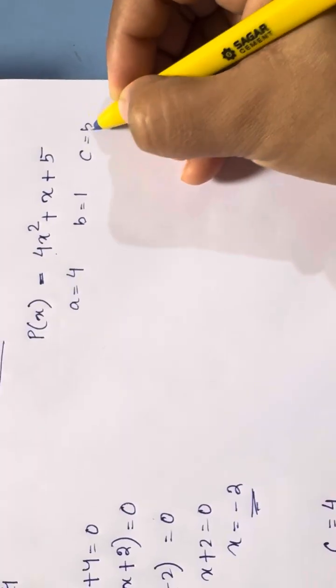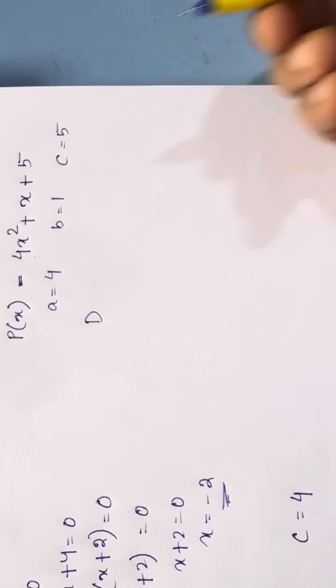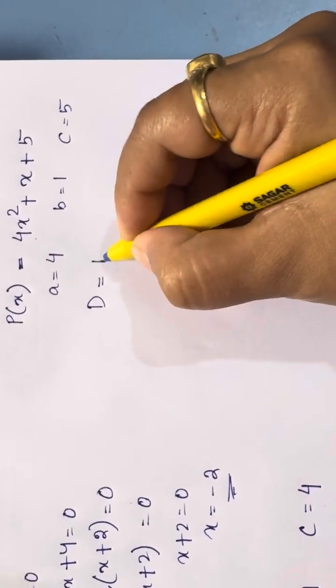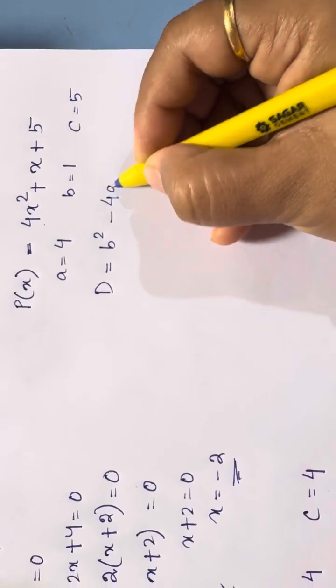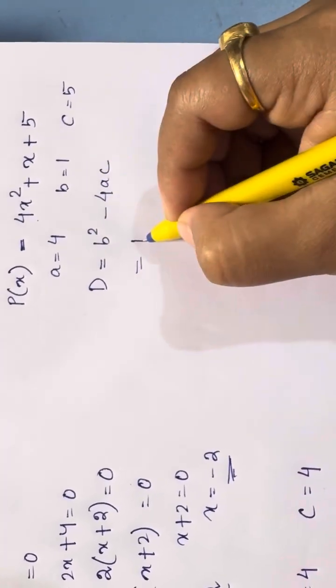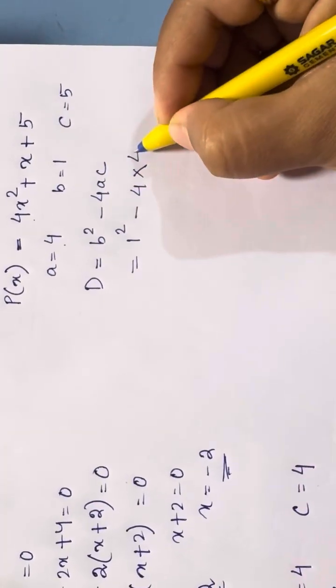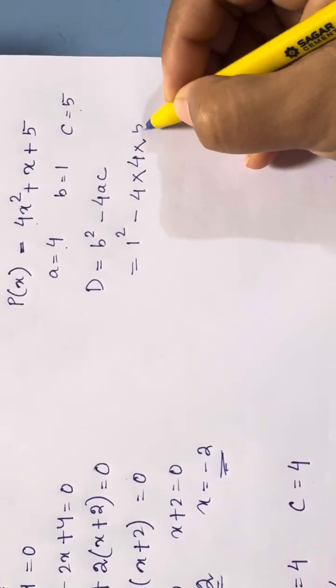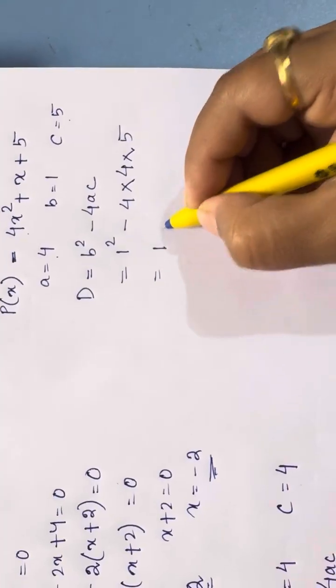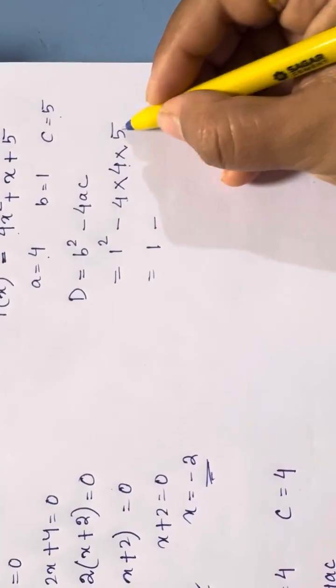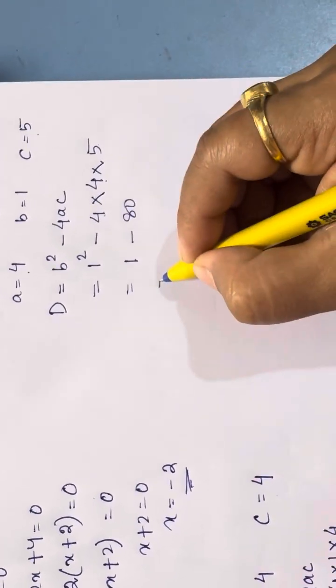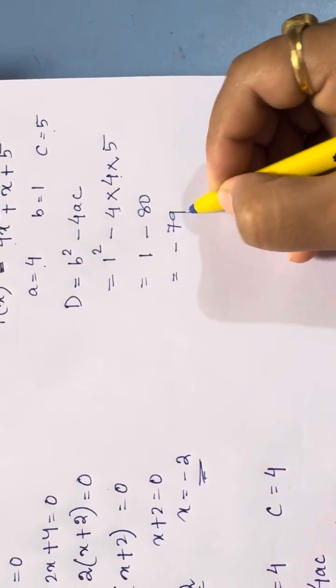What is C here? 5. Let's find out the discriminant, which is equal to B square minus 4AC. B is 1, so it is 1 square minus 4 into A, which is 4, into C, which is 5. So 1 square is 1, then 4 4s are 16, 16 5s are 80. 1 minus 80 is equal to minus 79.